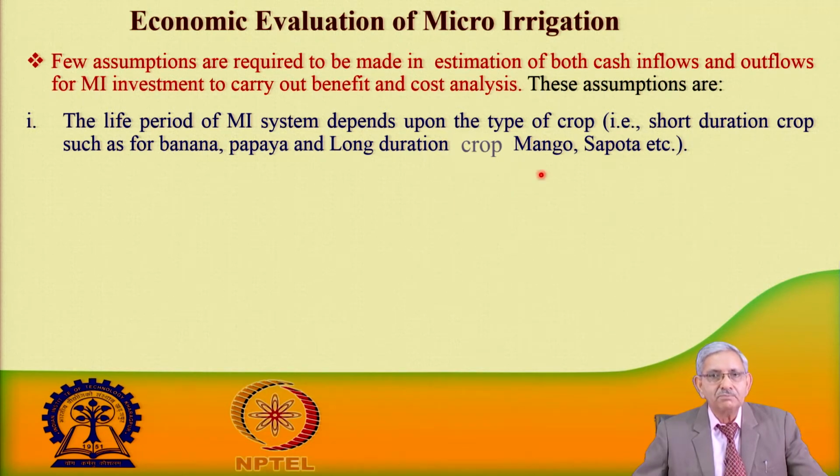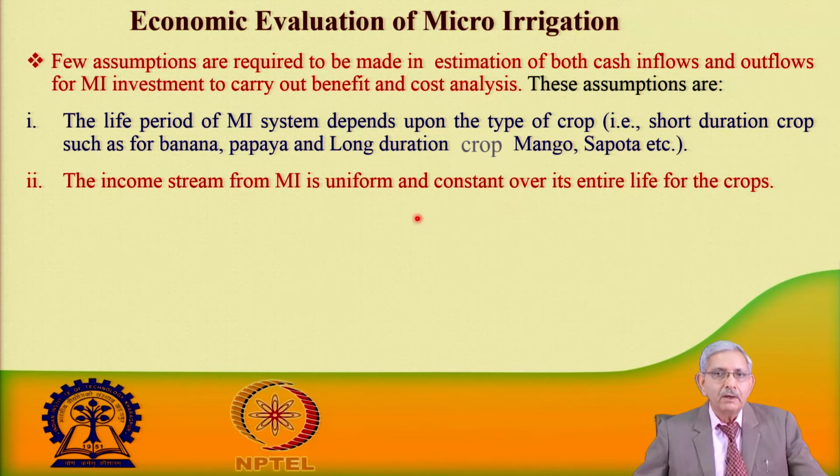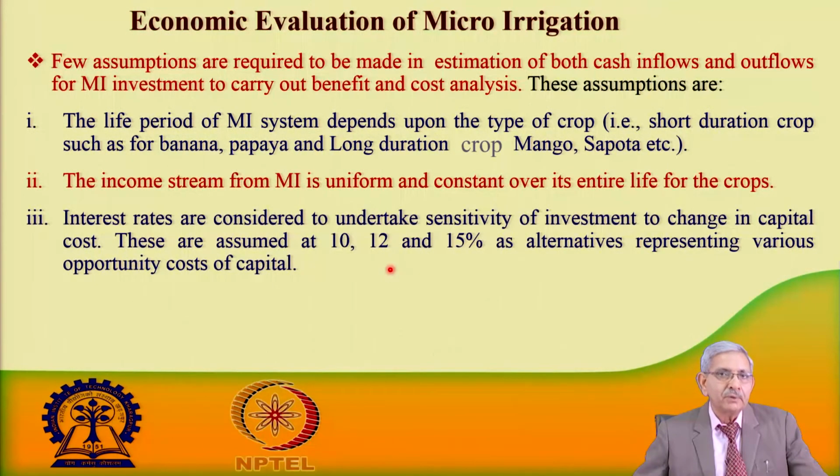This crop period is also used while estimating the cost as well as the benefit. The income stream from the micro irrigation is taken as uniform and constant over the entire life of the crop.